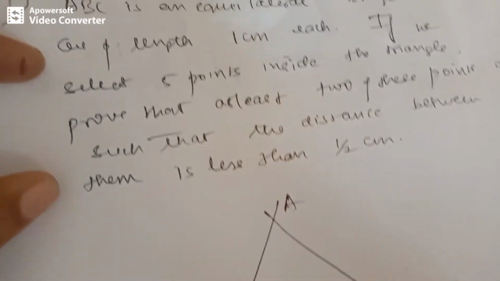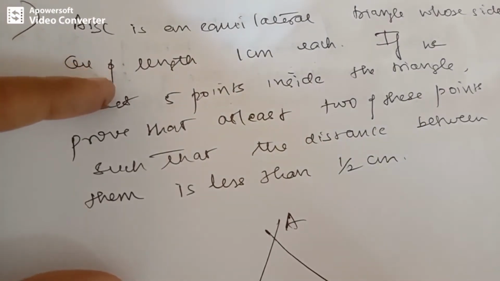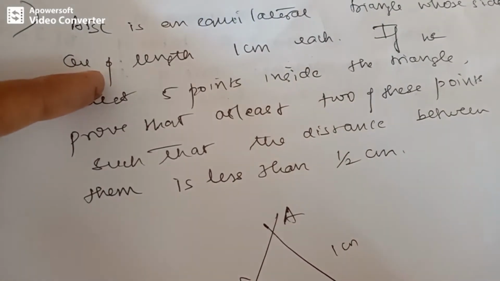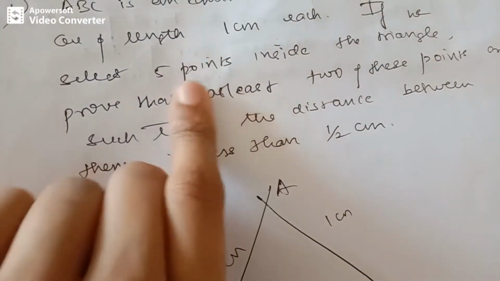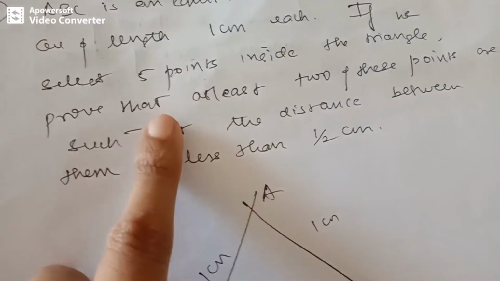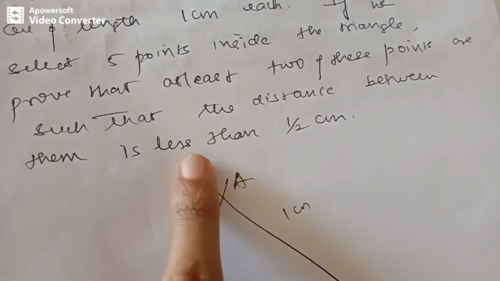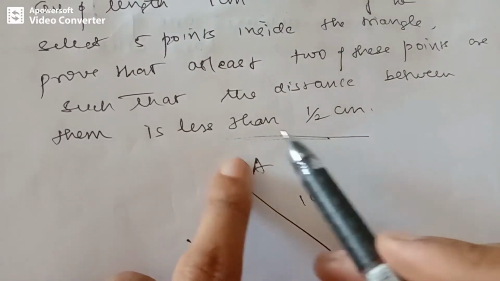ABC is an equilateral triangle, which means all sides have the same length, 1 centimeter each. If we select 5 points inside the triangle, the condition is that at least 2 of these points have a distance between them of less than half a centimeter. We need to prove this.